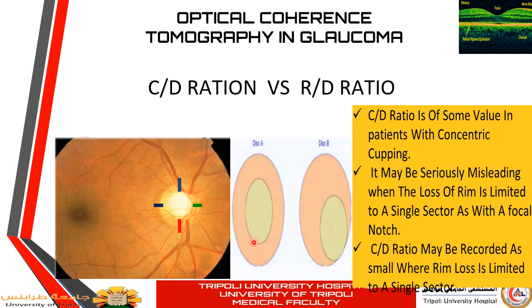However, in eccentric cupping, it may lead to misdiagnosis or missing a lot of cases of glaucoma. It may be seriously misleading when the loss of the rim is limited to a single sector or with focal notching, as in this case.